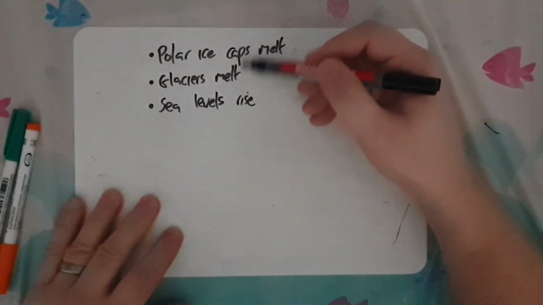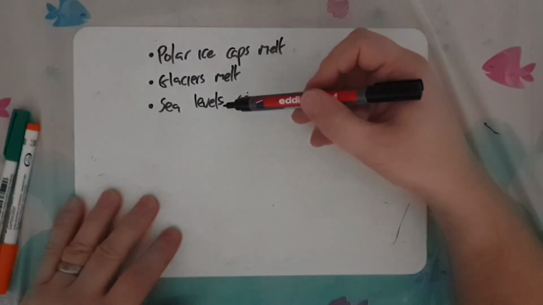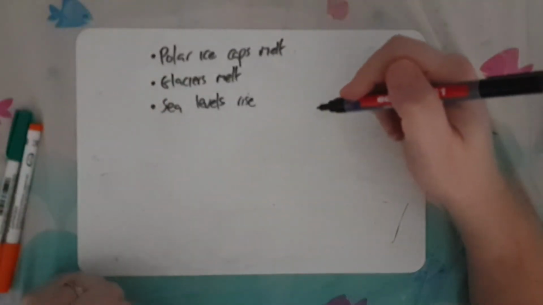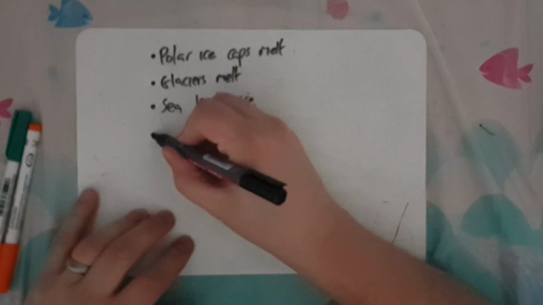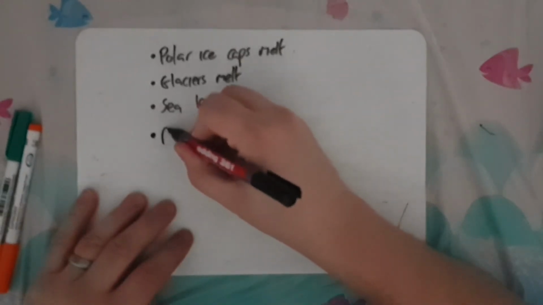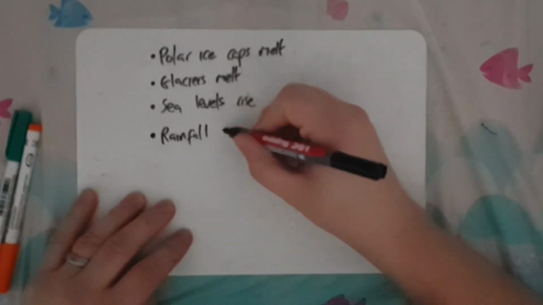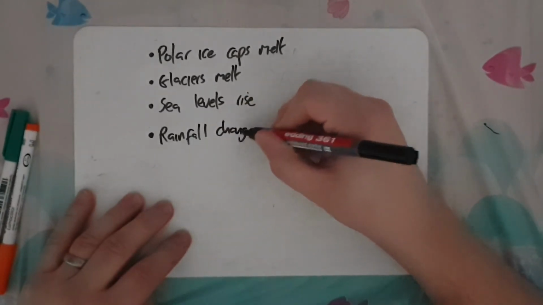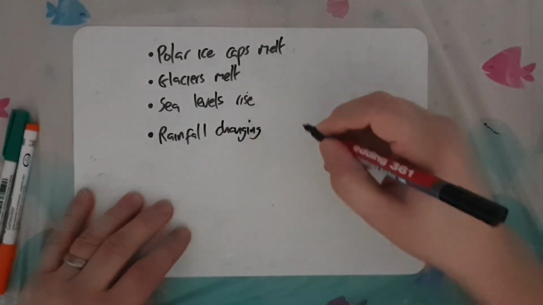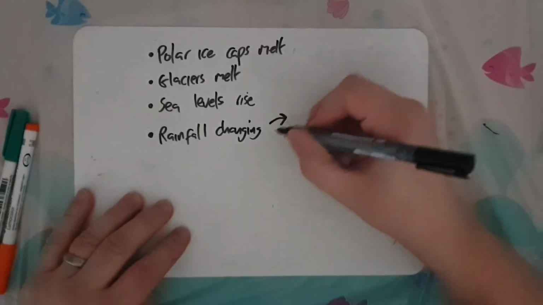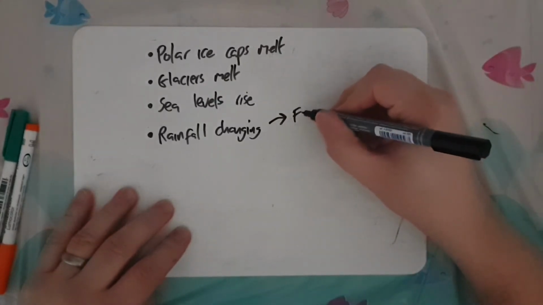Obviously, if you're suddenly melting all that ice, it's got to go somewhere, so it goes into the sea, which makes the sea level rise. If you increase the temperature, that also has the effect of rainfall changing. And that affects it in two ways. It means some areas will have a lot more rainfall and it can cause flooding.